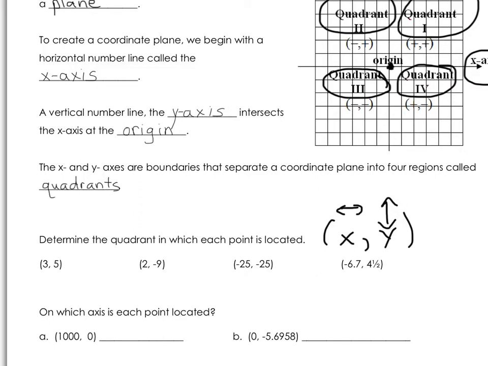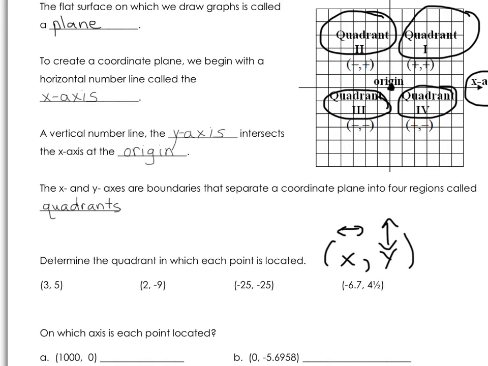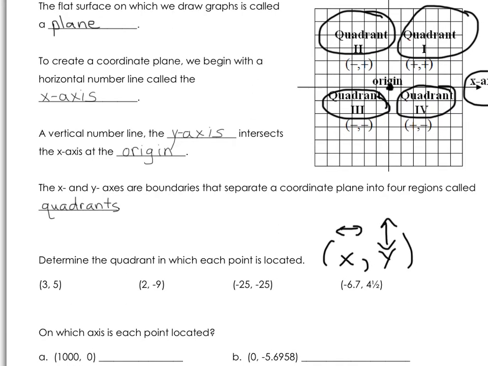We always start at the origin. So if you start at the origin and you go right 3 and up 5, you would be right here. At that point right there. So you're in the first quadrant.